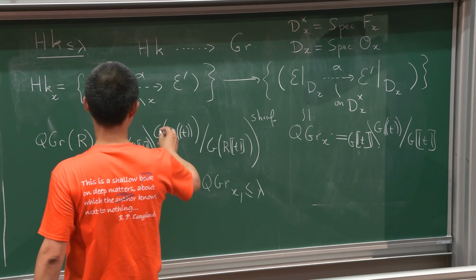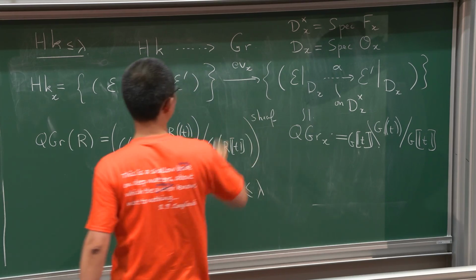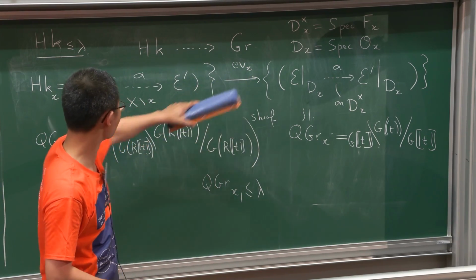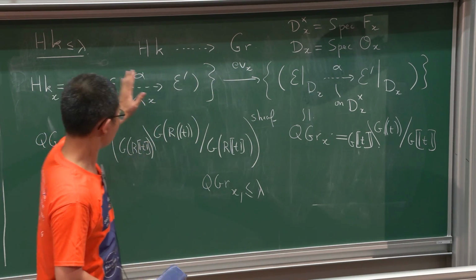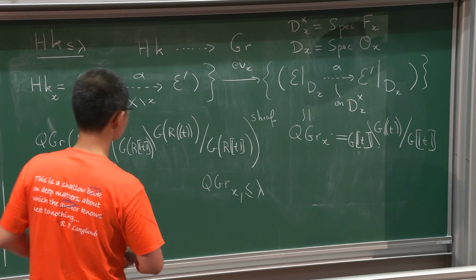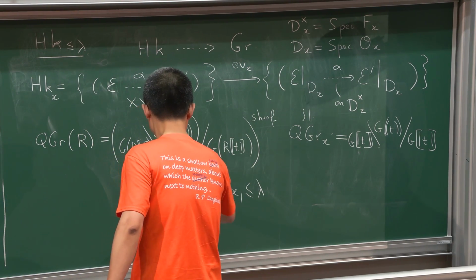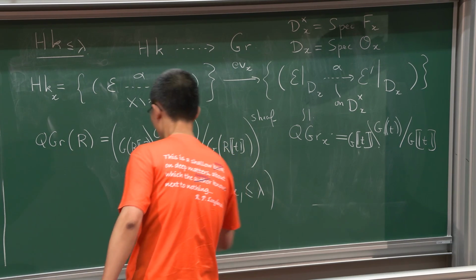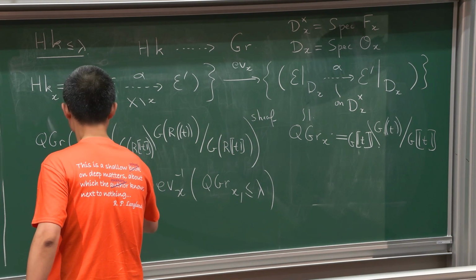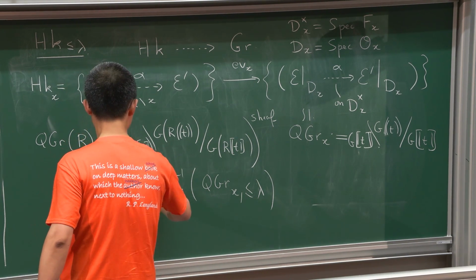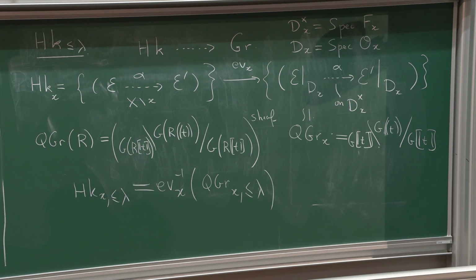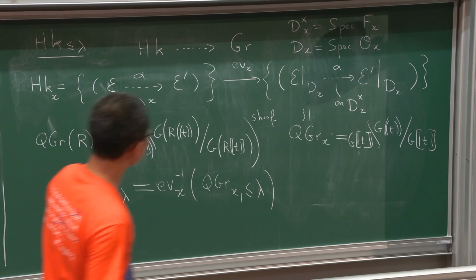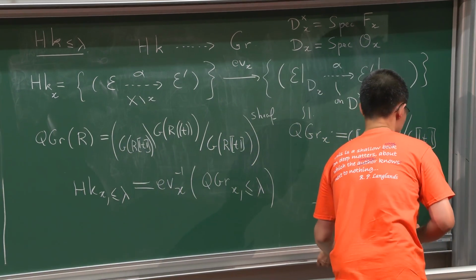And so I have this evaluation map at x, I call it evaluation or restriction, just restrict to the formal disk. I can define Hecke_x less than or equal to lambda to be the preimage of QGr less than or equal to lambda.